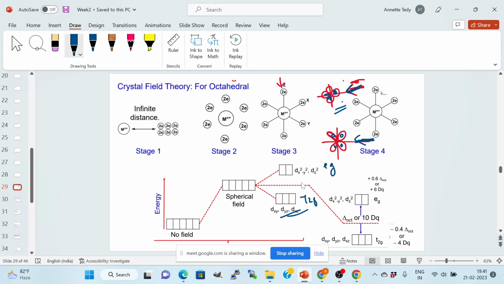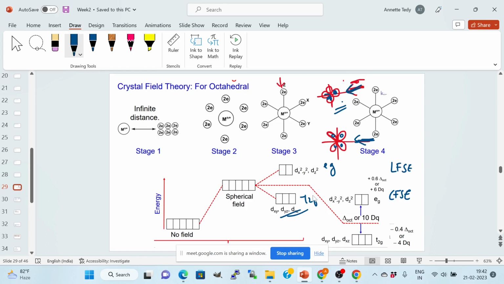And now this is stage 3, but stage 4 is when the actual complexation happens. So complex forms because complexes are stable. The stability is coming from something called CFSE, or the crystal field splitting energy, or LFSE, ligand field splitting energy.